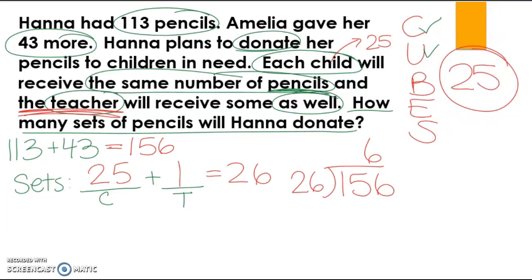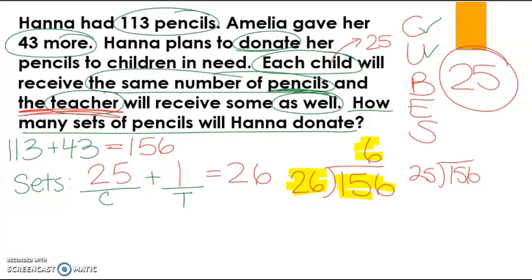So you could have added 113 plus 43, which equals 156. Then you could have divided 156 by 26 and gotten the number 6. But maybe you think a little differently and you thought to yourself, okay, I'm thinking 156 divided by 25 because there are 25 students.